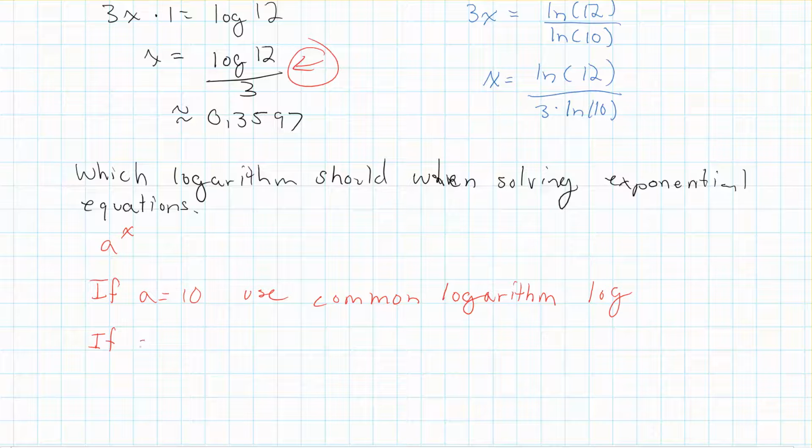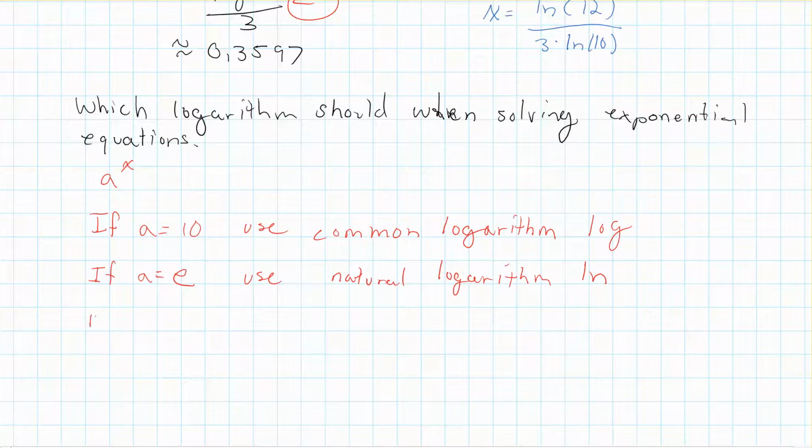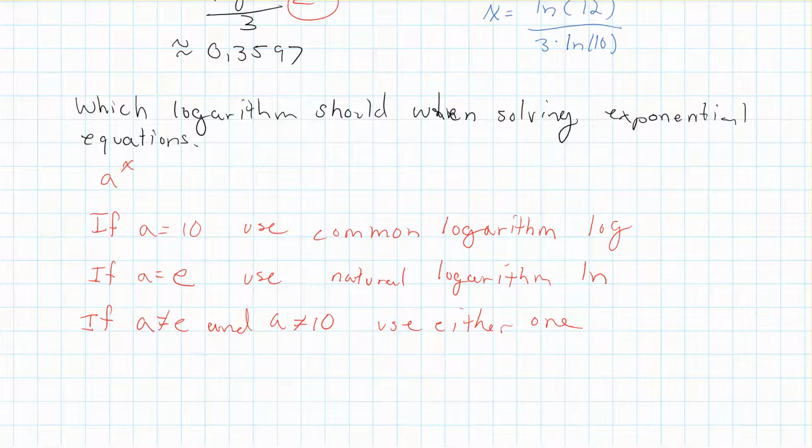If a is equal to e, remember e is my natural exponent, then use the natural logarithm, so this would be ln. And if a is not equal to e, and a is not equal to 10, use either one. Meaning, use either the log or the natural log. It doesn't matter at that point because you're going to have two logarithms regardless of what you do.